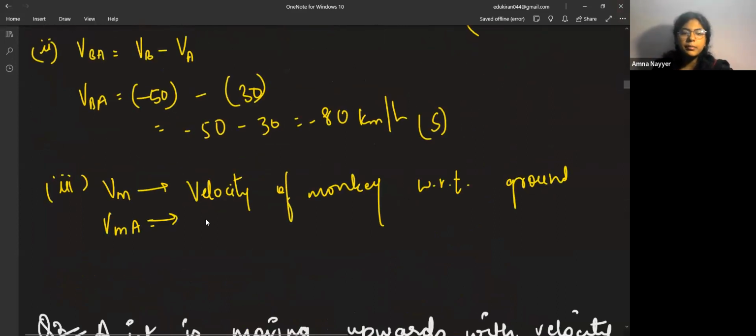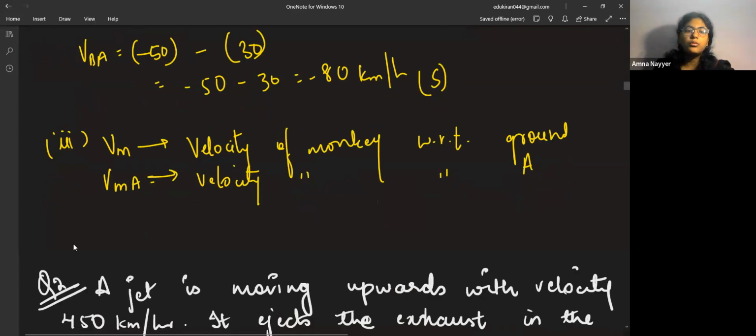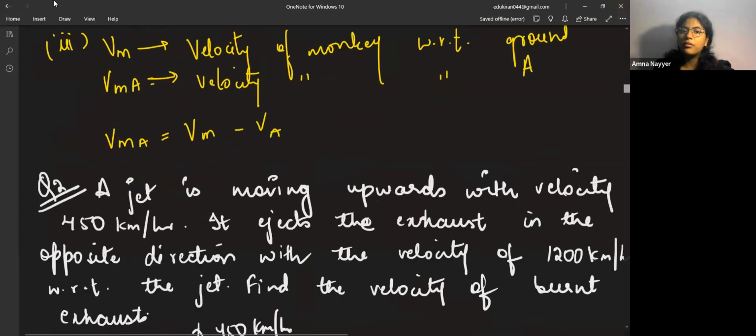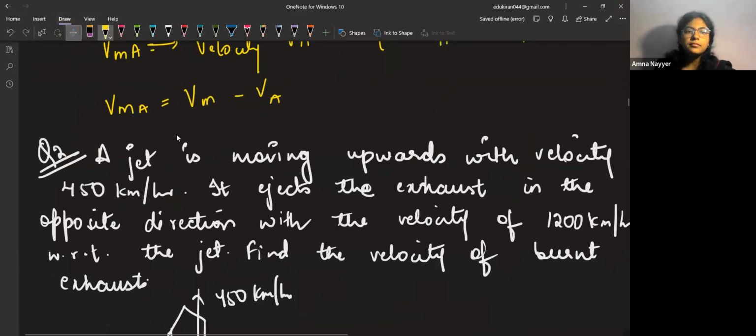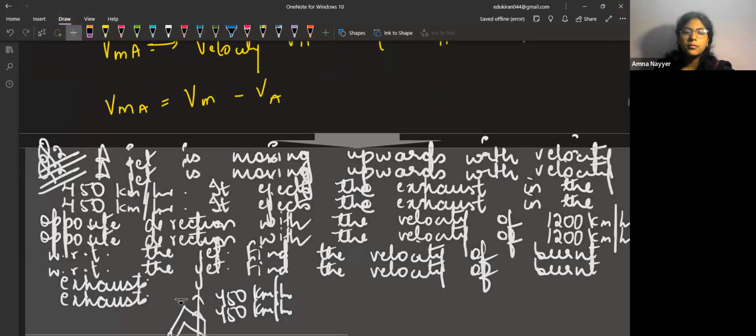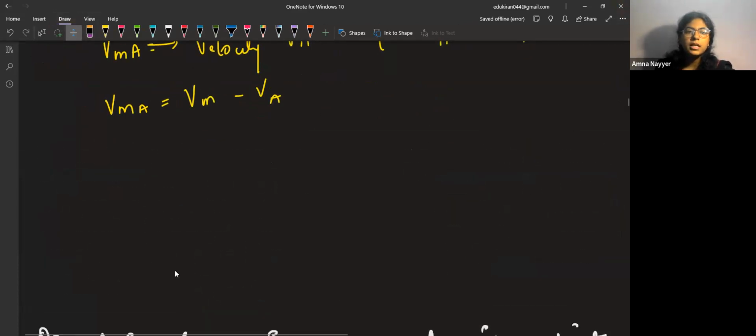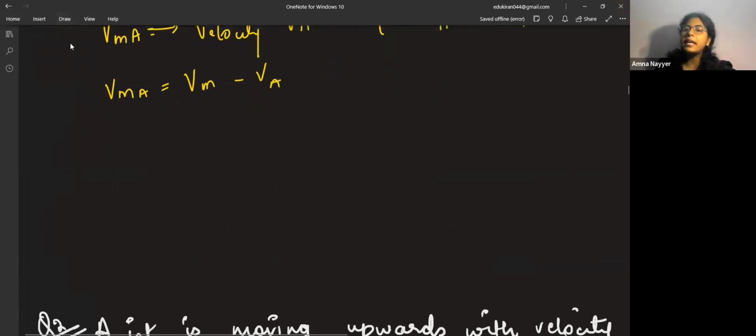Now we know VMA is VM minus VA. This is the formula for relative velocity: VM minus VA.